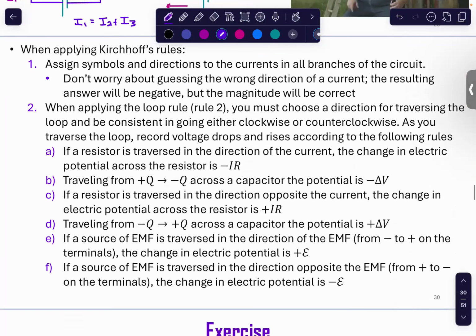Okay. So if you cross a resistor in the direction of the current, your delta V is negative IR. So point A, point B. There's your resistor.